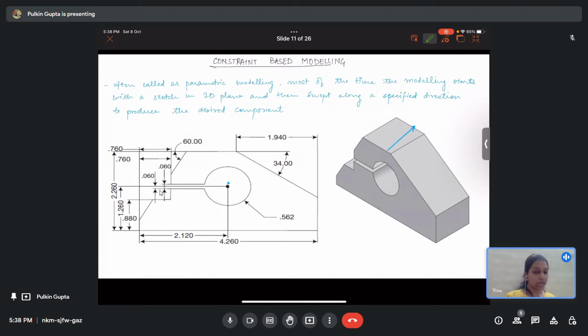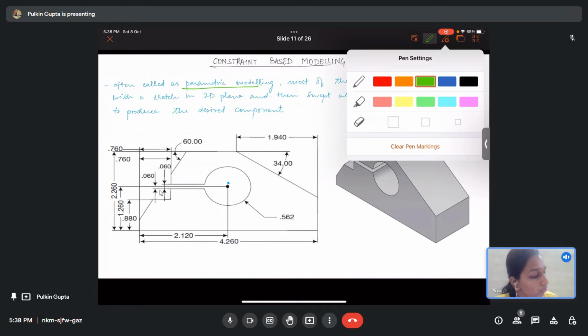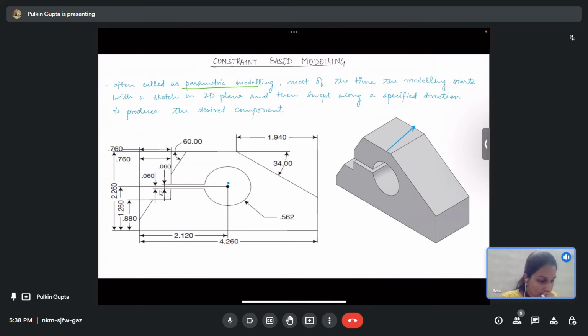Now, what is constraint based modeling, which is often called as parametric modeling? Most of the time, the modeling starts with a sketch in 2D and then swept along a specified direction to produce the desired component, which is also called linear extrusion, like we have seen just now, or translational sweep. Okay, so this is one of the examples from the lecture videos only.